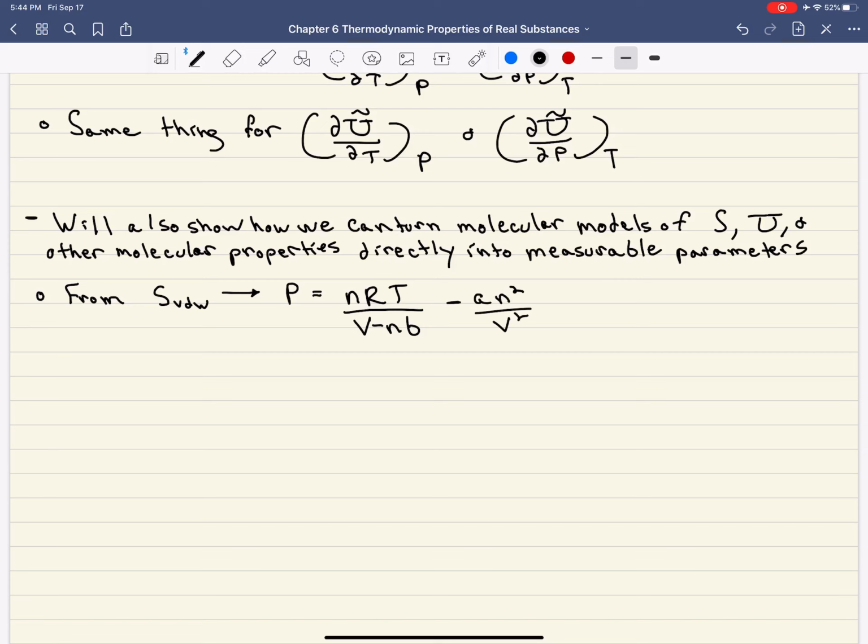All right? So here, instead of having to figure out what to do with entropy, now all we have to do is measure temperature, measure pressure, measure volume, and then we could fit our data to this equation, and that will allow us to get B and A. Right? That's the sort of approach that we want to take here. Okay? And we could also rewrite this in terms of molar volume as well.